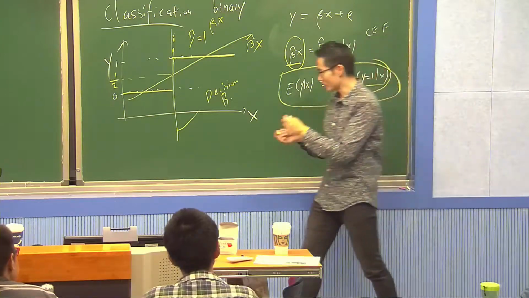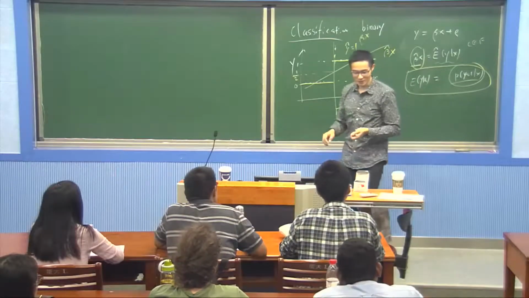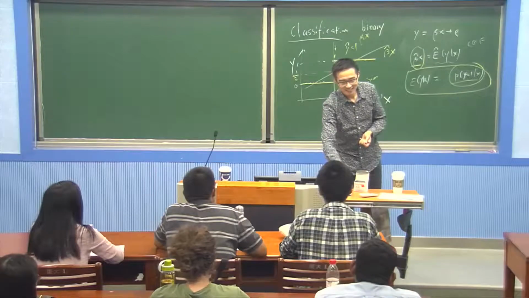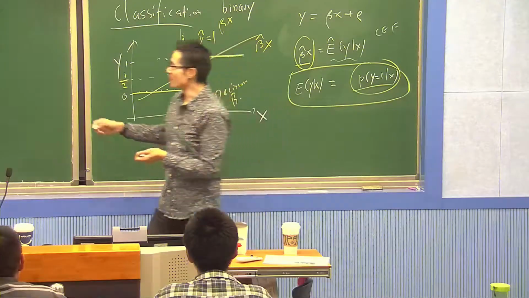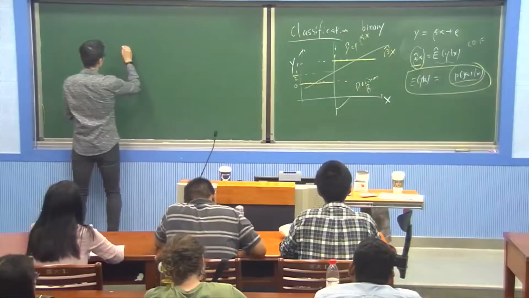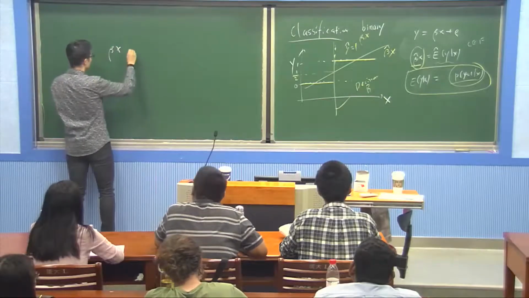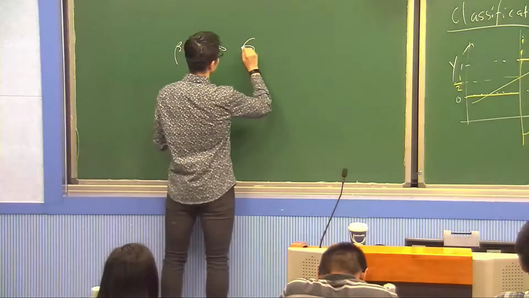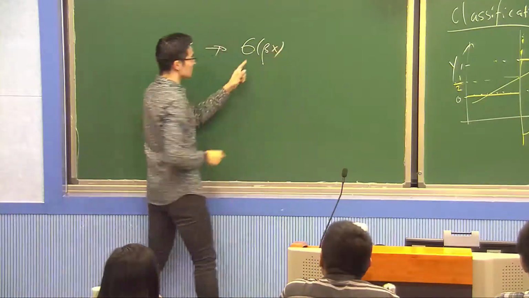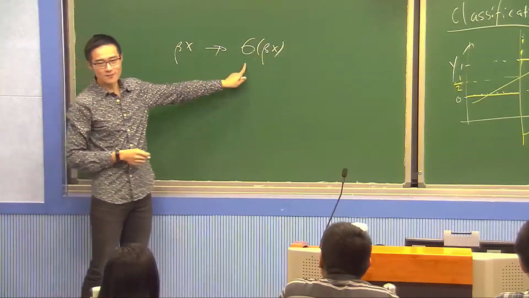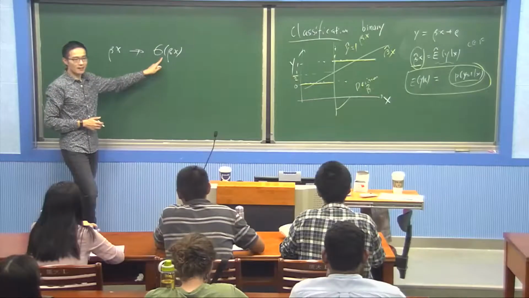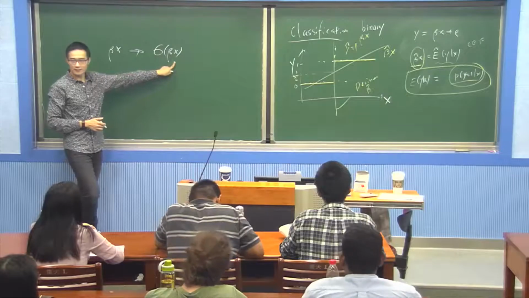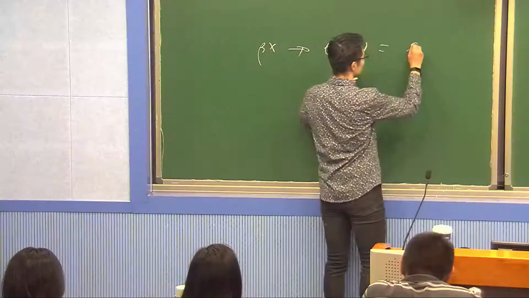And the function is, what is it called? Do people remember? So from beta x, I turn it into, what is this function? Sigmoid. It's called sigmoid. And what does it look like?